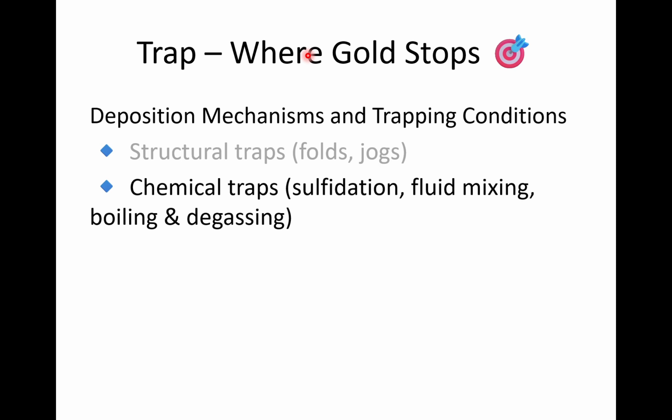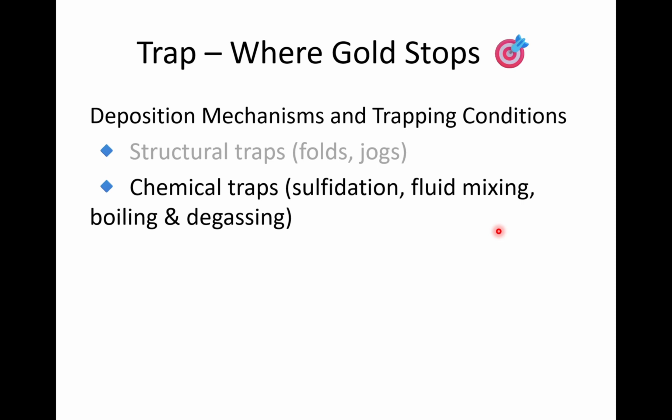Another chemical trap we can talk about is fluid mixing. When two fluids mix, for example hot gold-bearing fluids with cooler, oxidizing meteoric water, the changes in temperature, pH, and redox conditions can destabilize gold complexes, causing gold to precipitate.